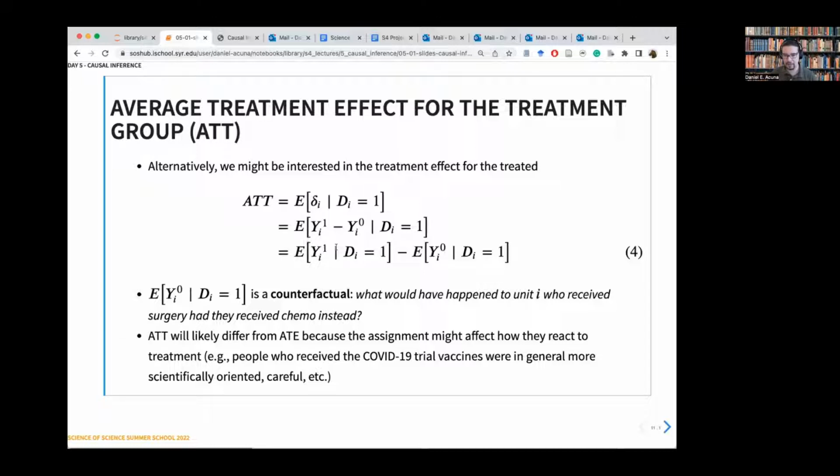Now notice here, this is called a counterfactual, because given that we give the treatment to someone, what would have been the outcome if we had not given the treatment to that person? It's a bit of a mouthful. What would have happened if we had not given the treatment to someone? So we cannot observe that.